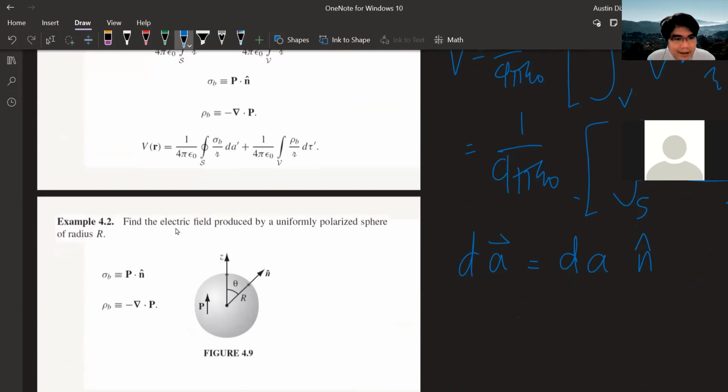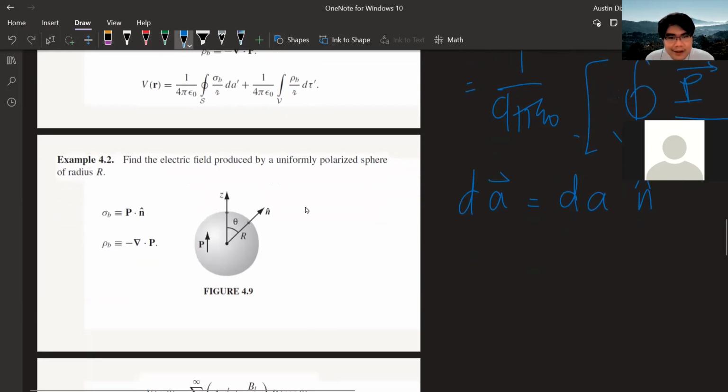So find the electric field produced by a uniformly polarized sphere of radius R. So meron kang spherical na material that is uniformly polarized. Ano ibig sabihin nun? So, isang direction lang siya, no? What I can do is, i-align ko na lang yung polarization with respect to z-axis.